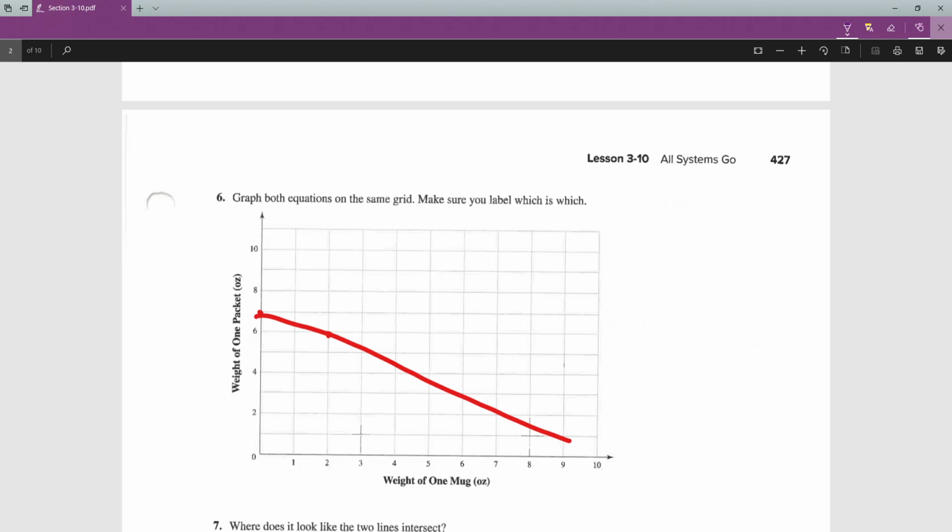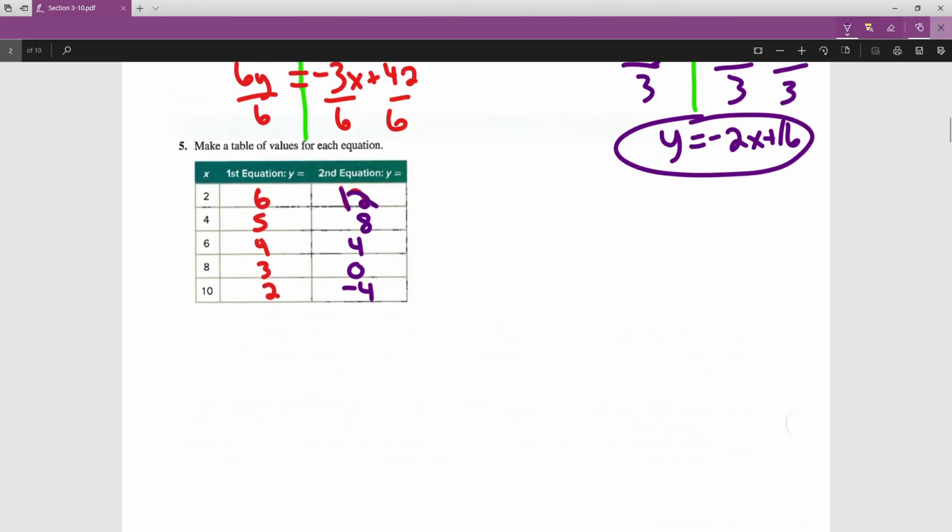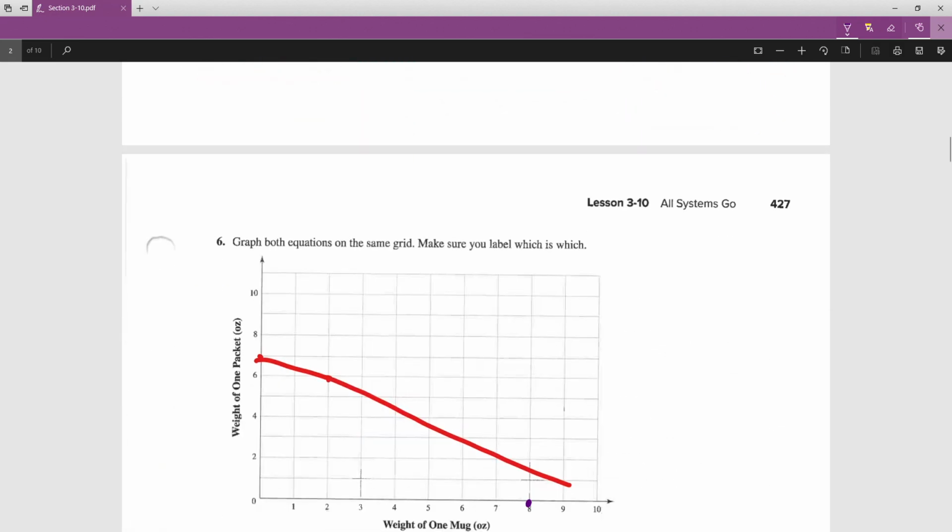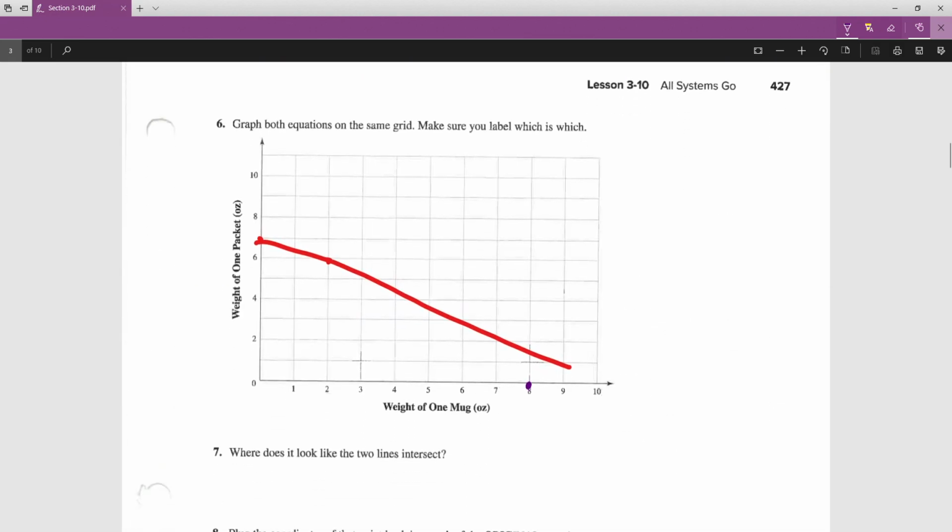I have bifocals, I can't see. 8, 0. So I can have a point here. What's one other point for my purple line? I could do 6, 4. So over 6, up 4. And then connect my purple points. So they look something like this.